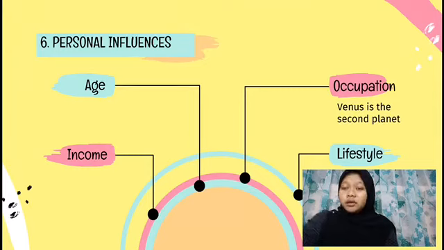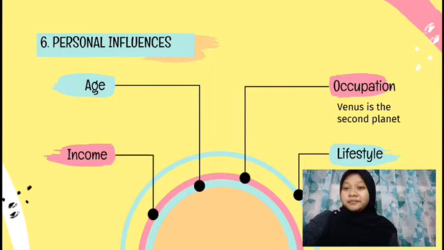Occupation. A person tends to buy things that are appropriate to his or her profession. For example, a doctor would buy clothes according to his profession, while a professor will have a different buying pattern.